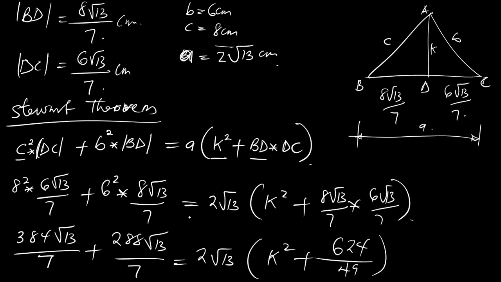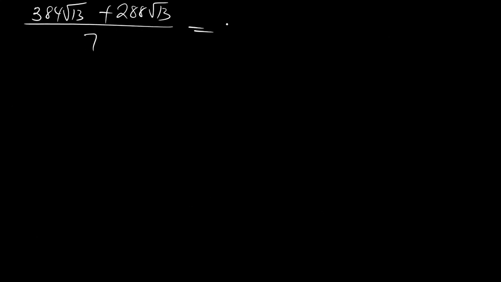So we have 384 root 13 plus 288 root 13 divided by 7, equal to 2 root 13 bracket open K squared plus 624 divided by 49.